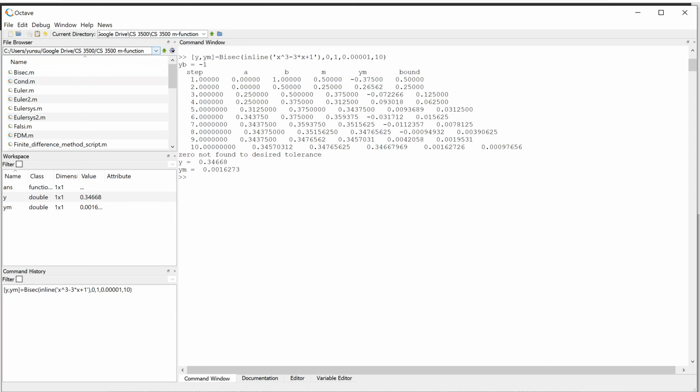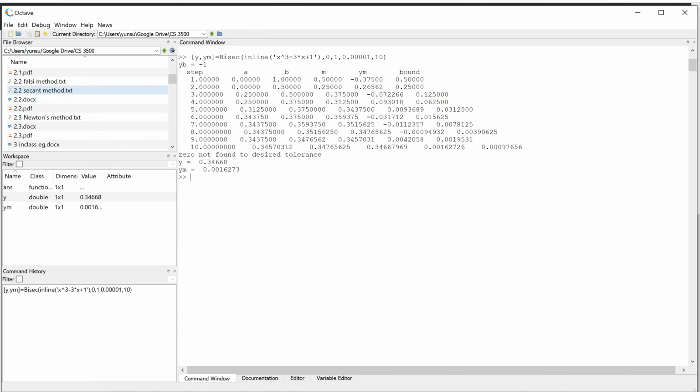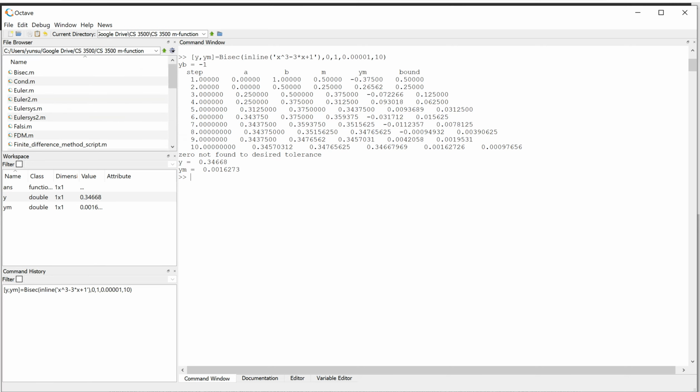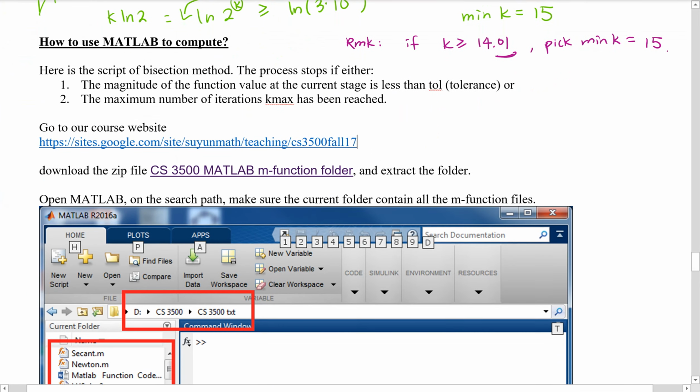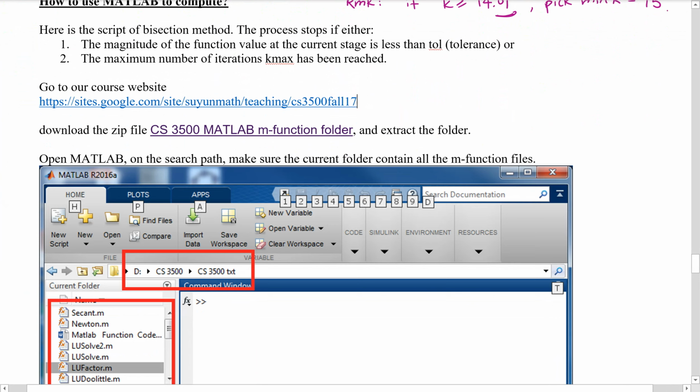When I download it, I just see the file starts with Yunsu, and then I go to my Google Drive, because that is where I store my M functions. So you have to open the folder of M functions. Then you can run the code. So far so good, everybody. All right, now after you download all those files, remember to unzip them, okay?